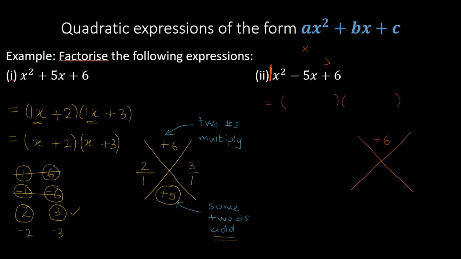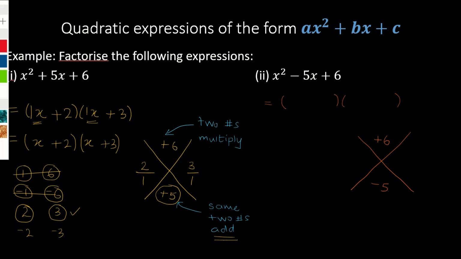Now we consider the middle term, negative 5x, and the coefficient is negative 5. Now what do we do?